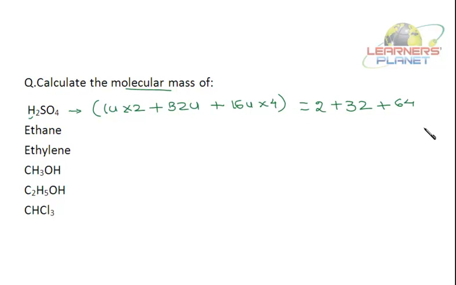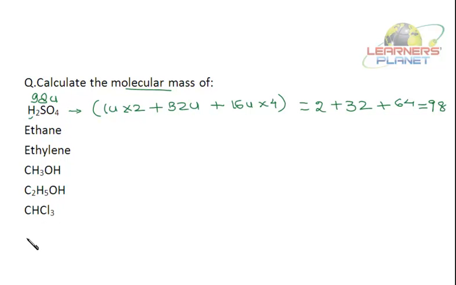Right? 64 plus 34 gives you 98. So what is the molecular mass of H2SO4? It is 98 units.